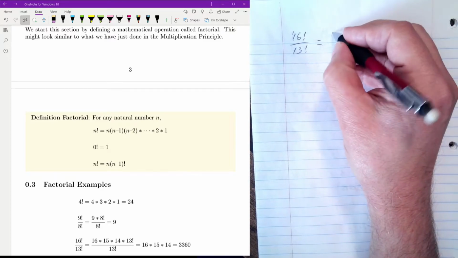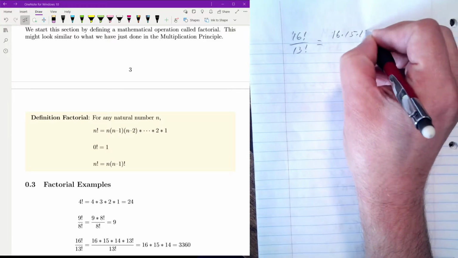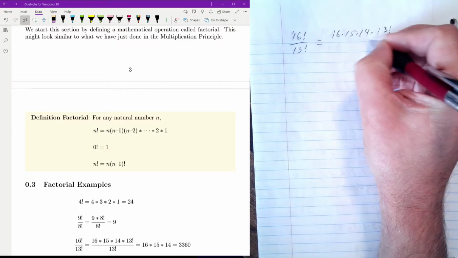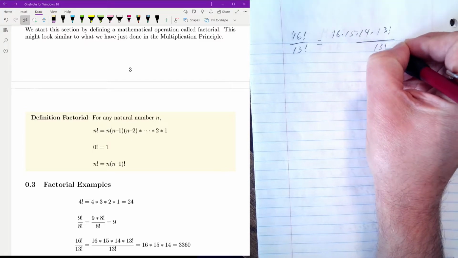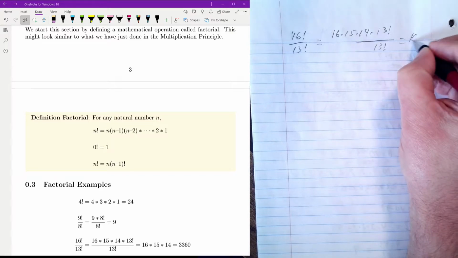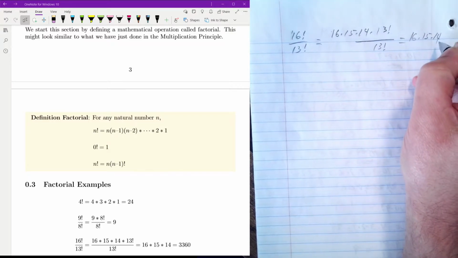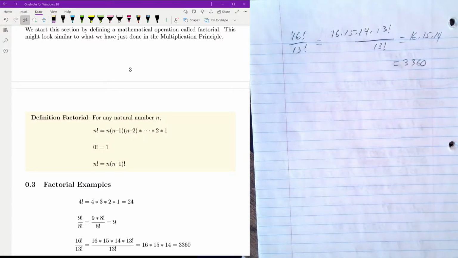But you can also expand, so this would be 16 times 15 times 14 times 13 factorial. And divide this whole thing by 13 factorial. So this equals 16 times 15 times 14, which equals 3,360. Now, some of these seem like large numbers, but when we're dealing with probability and statistics, they're not necessarily.